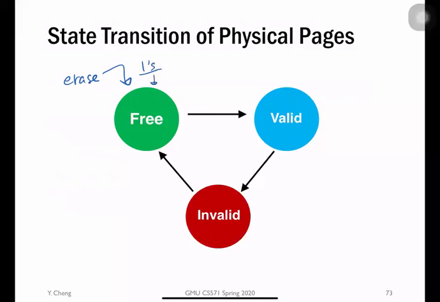Then when you write something, which is program, you program zeros to any one of the pages in this flash block, and the flash device transitions the state of that page from free to valid. Now it is marked as valid, meaning it holds meaningful user data.